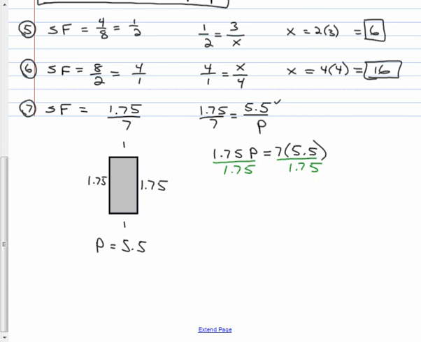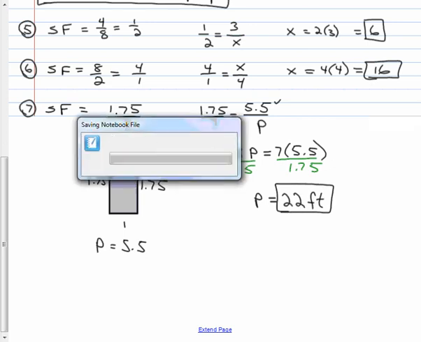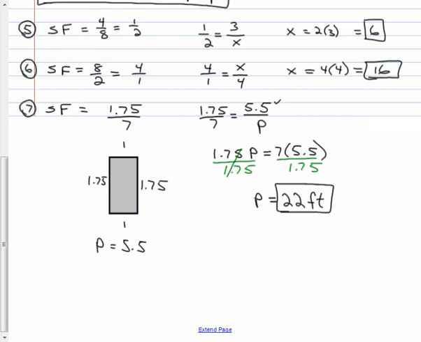Dividing by 1.75 eliminates it there. The perimeter of the actual porch must be, go to your calculators, 7 times 5.5 divided by 1.75, 22. And the units, the real porch was measured in feet. So we know the perimeter of the real porch is 22 feet.